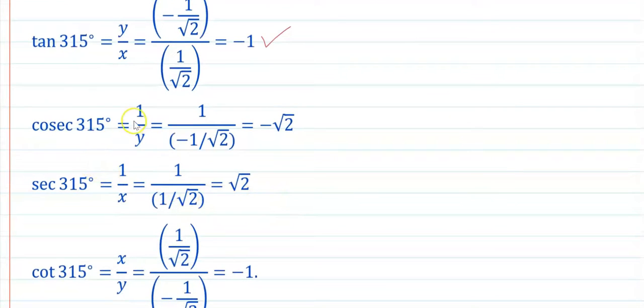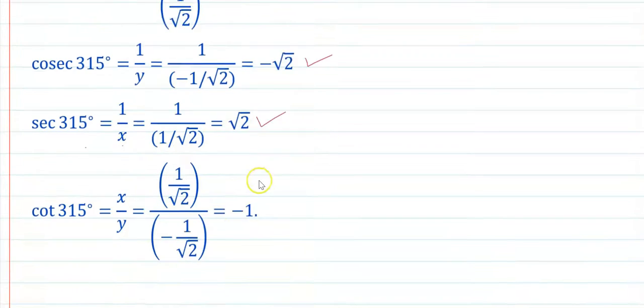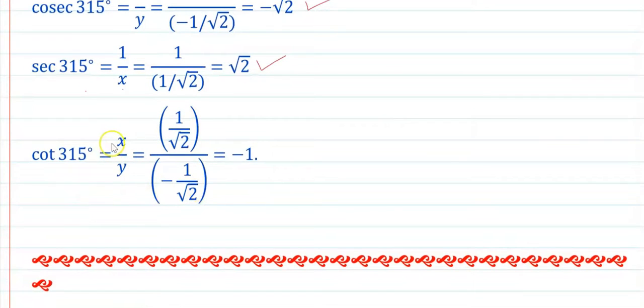Cosec 315 is equal to 1 upon y is equal to 1 upon minus 1 upon root 2, and that makes minus root 2. Sec of 315 is equal to 1 upon x, that is 1 upon 1 by root 2 is equal to root 2. Cot of 315 is x upon y. x is 1 by root 2, y is minus 1 by root 2, and hence that's equal to minus 1.